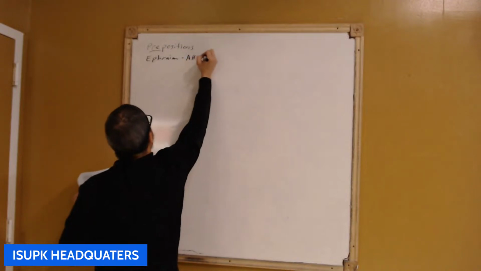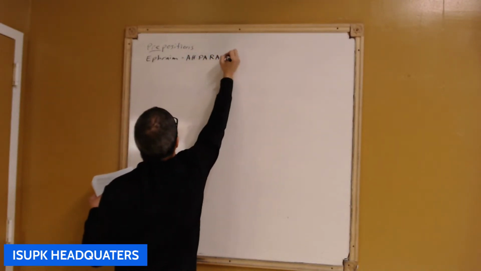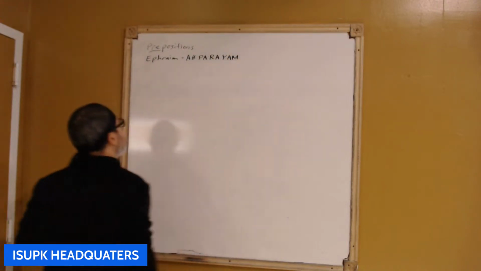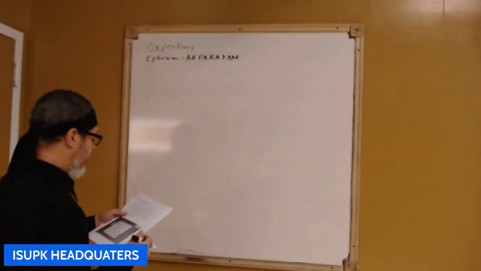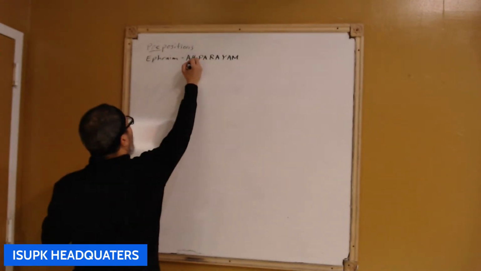And Ephraim in the English is equal to ah, pa, ra, yum. Party. But those are the individual letters. And the first one we have was ah.